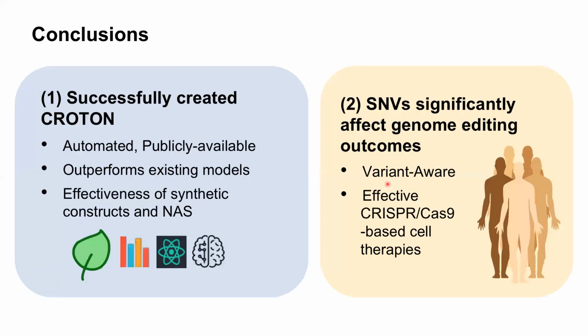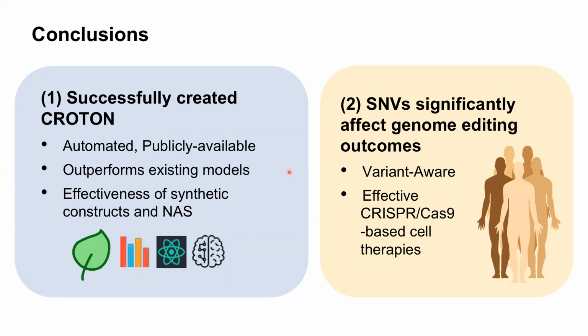So in conclusion, we have successfully created a CRISPR-Cas9 editing outcome predictor that is automated and also variant aware. CROTON is automated, publicly available, and outperforms existing methods, namely Delphi, Forecast, and Sprout. In addition, the successful creation of CROTON provides evidence for the effectiveness of synthetic construct-based data generation, which is often really helpful in generating the large amount of data needed for deep learning in a biological context.